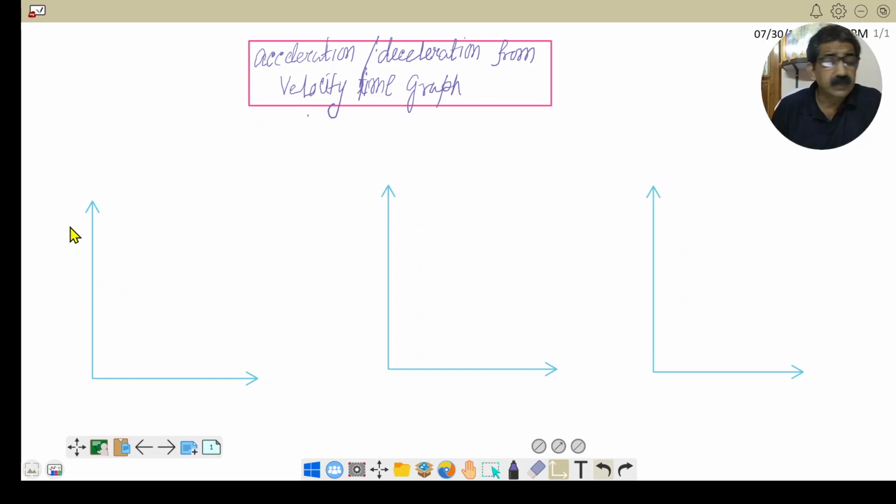From previous discussion we know this is the velocity axis, and this is the time axis, and this is the velocity-time graph, VT graph.